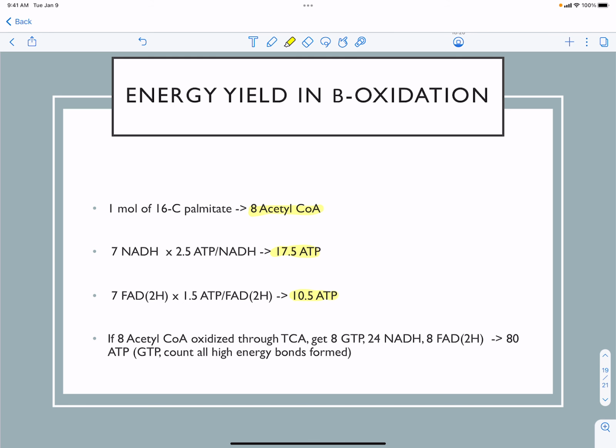If all acetyl-CoAs go through the TCA, you're going to get 8 GTP, 24 NADH, 8 FAD, which overall you're going to get about 80 ATP. And so this is a way that your liver gets enough energy in order to do things like gluconeogenesis.